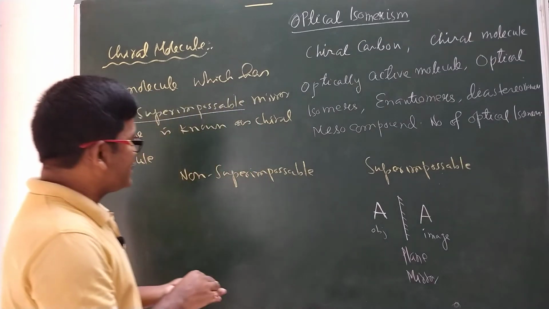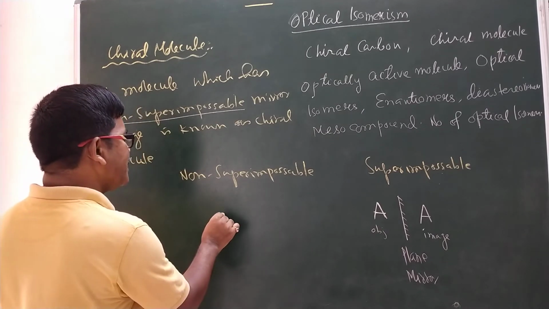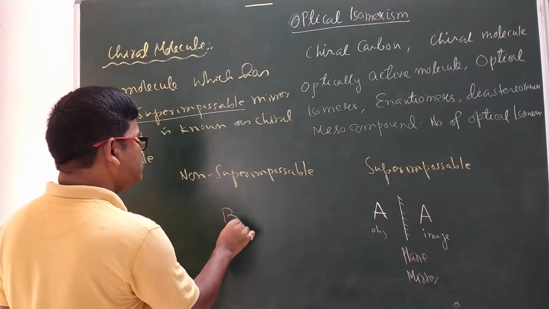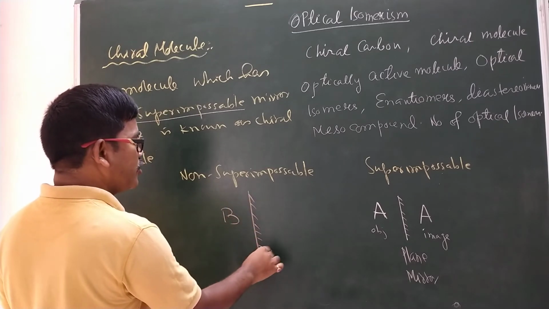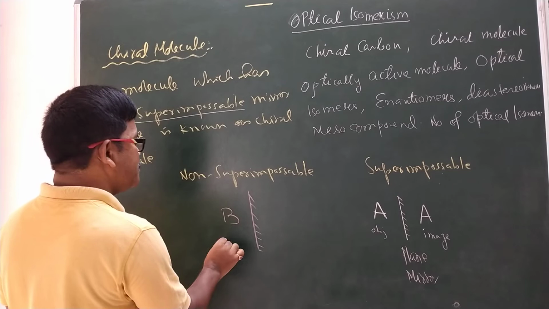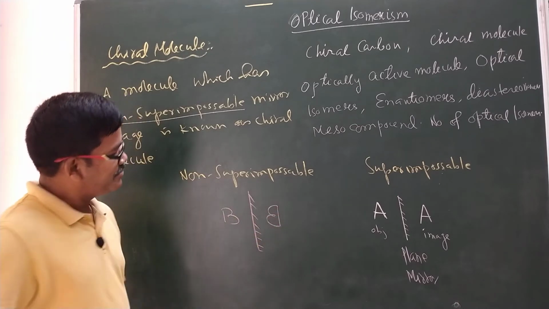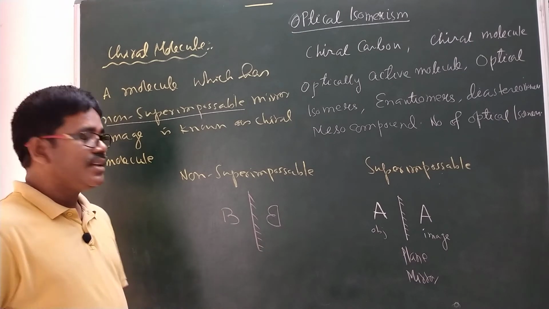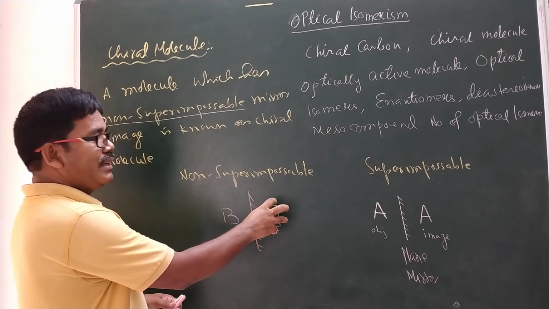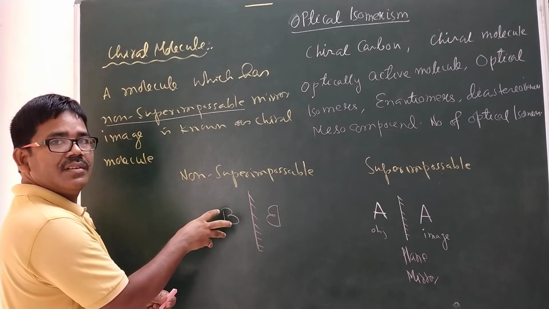Similarly, if I take another example, B, and this is the plane mirror, this is object, the image will be like that. Now take this B image from here and paste here. How does it look?